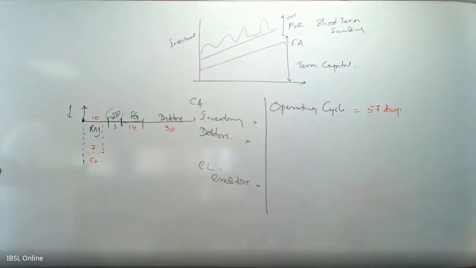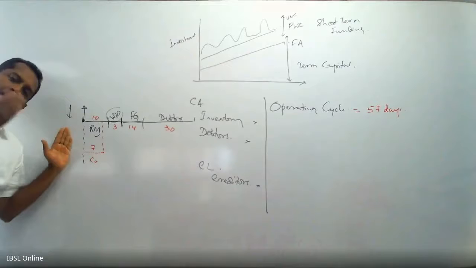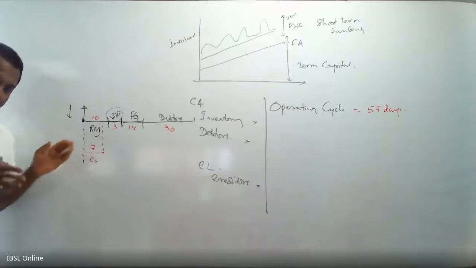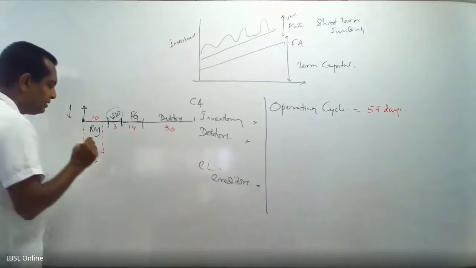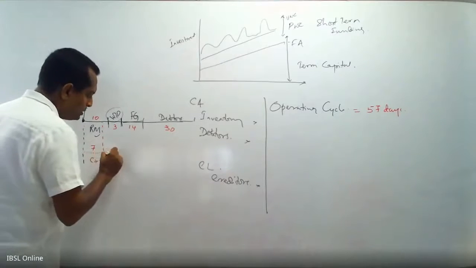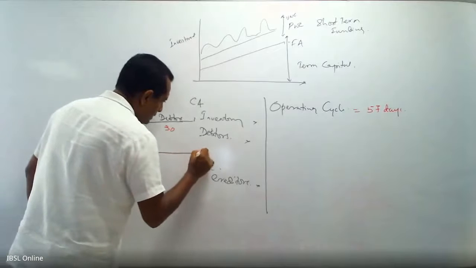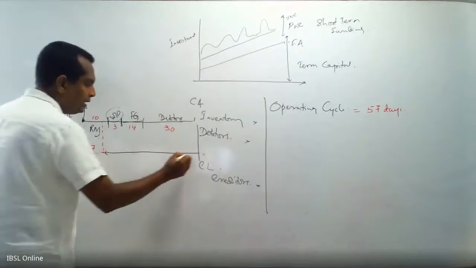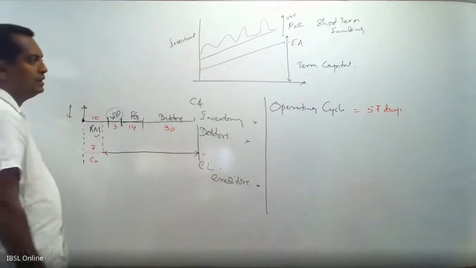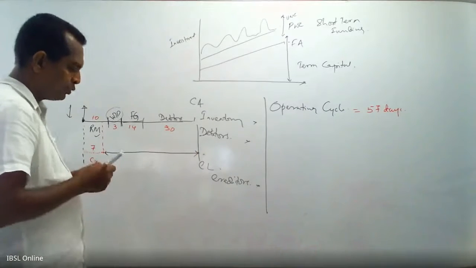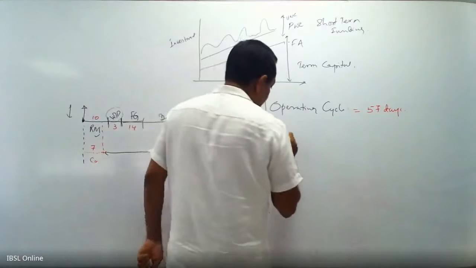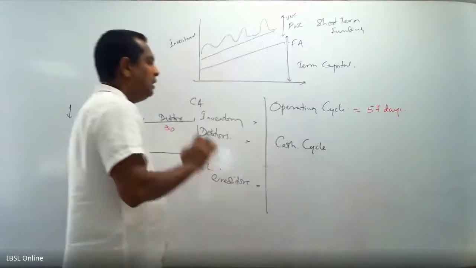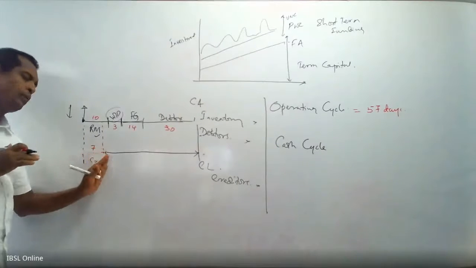So actually, though you bring in your raw material, you don't pay. You give a check and come. On the 7th day, your check will come to the bank. So the actual investment is from this date to this date. Right? So the cash cycle is the actual investment of your money.